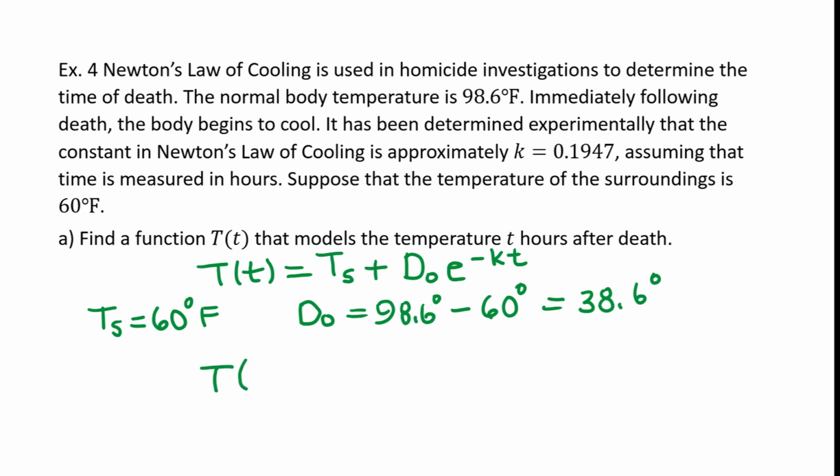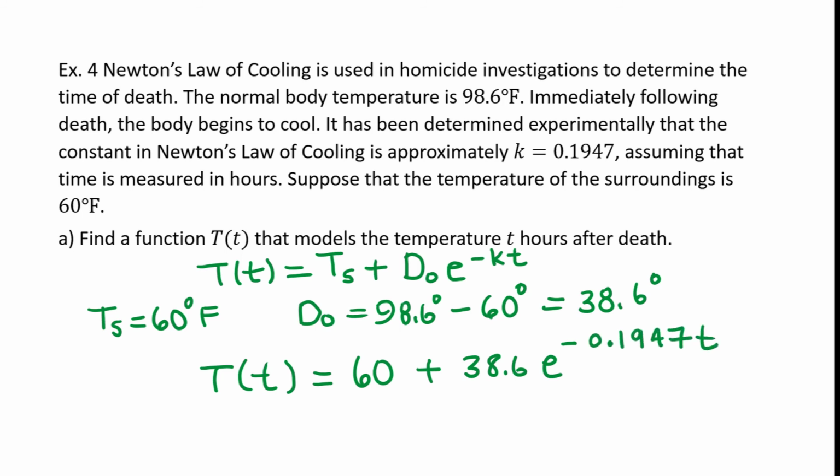The model is capital T of t equals 60 plus, for the D naught we'll put in 38.6, e raised to the power of the constant, which would be negative 0.1947 t. That is the model.